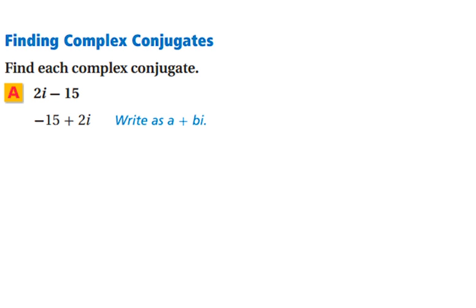So we have the negative 15, because that's what it was, and then we have the 2i, because that's what it was. And we just change the order a little bit. And then once you write it that way, you change the sign that's with the imaginary part. The reason it's a complex conjugate, we have negative 15 plus 2i.